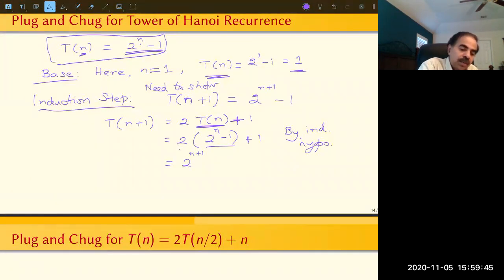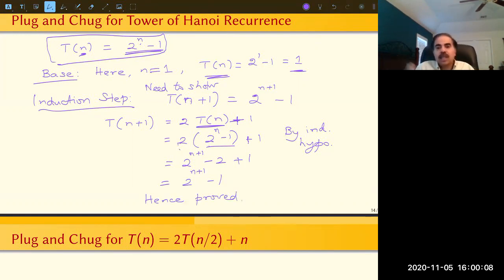Now if you multiply 2 times 2 to the power n, that gives you 2 to the power n plus 1. 2 times minus 1 will give you minus 2 plus 1. And then that simplifies to 2 to the power n plus 1 minus 1. So this is what we needed to prove, and we are done.